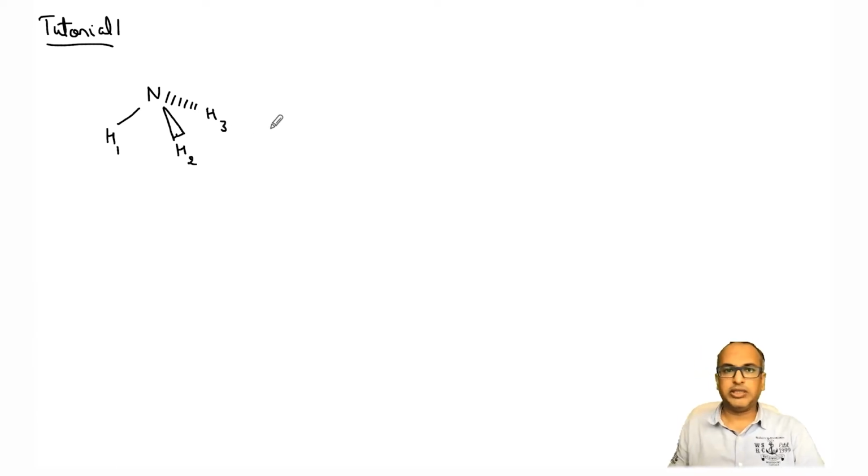Now if I see what different types of proper axis of rotation are present, I can also draw this as, if I'm looking from the top, it looks something like this.